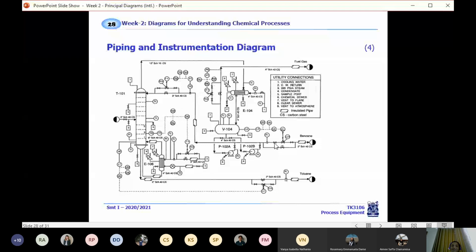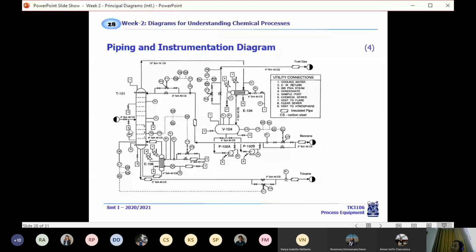The last one is the information related with the utility, for example sampling. You will know whether there is any sampling point in this equipment. Look at the PNID and find the sample point number 5. Can I find number 5 in this unit? Yes, in here.